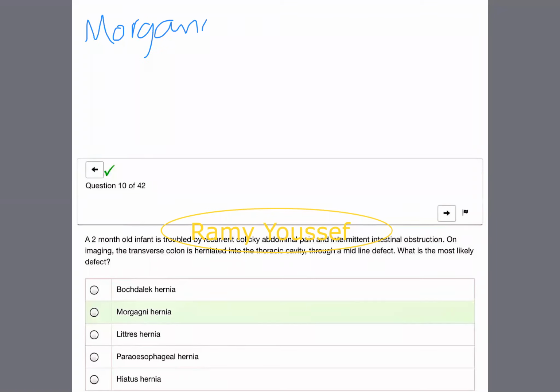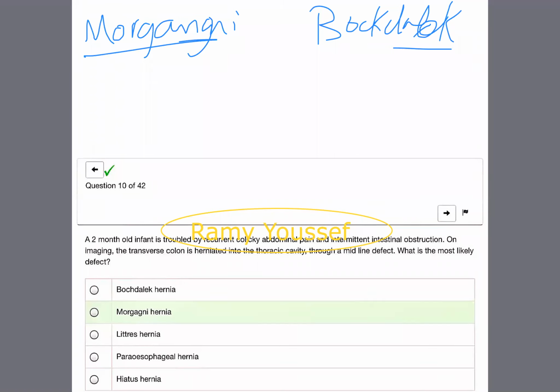Let's say Morgagni, Bochdalek. I just want the most important points, because right and anterior, but you will not be asked about it. Morgagni, G, it is a good hernia. Bochdalek, B, this is a bad hernia.